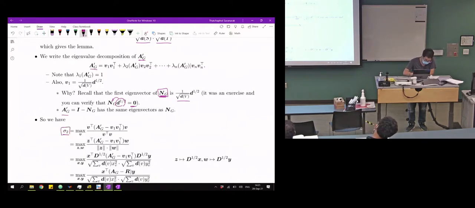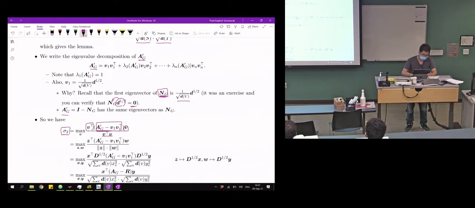Okay, so we know what the first eigenvector is. So what is sigma 2 then? Well, I just take A prime and remove the first eigenvector from it, and now I maximize over V in the rest of the space.